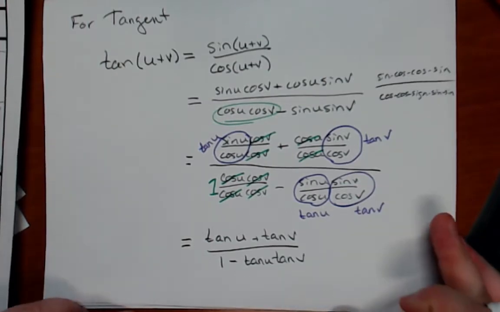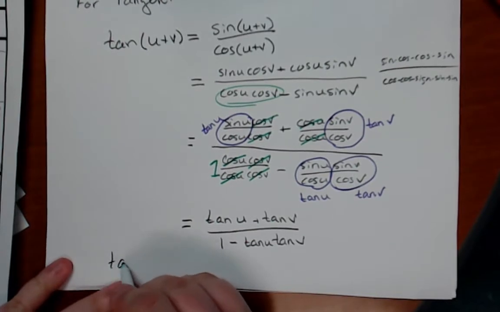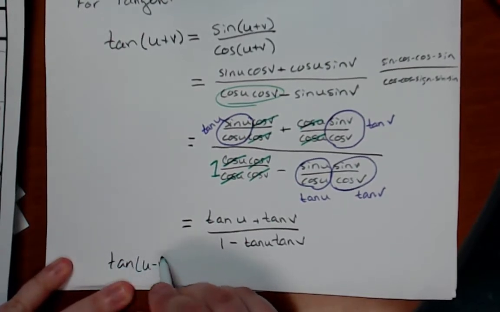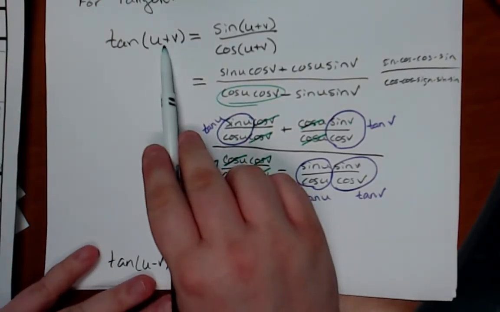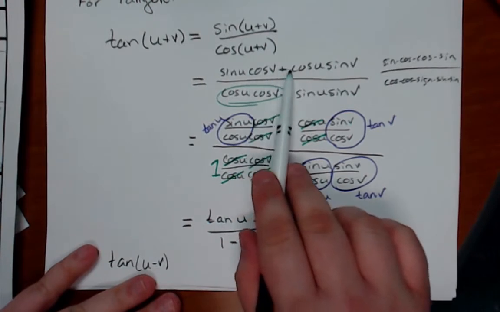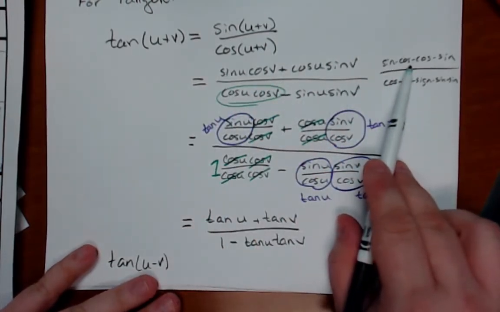And you might be saying, well, okay, I'm on board with that. What about tangent of u minus v? Well, in this example, we had a plus. And this, we know, the sign doesn't change.